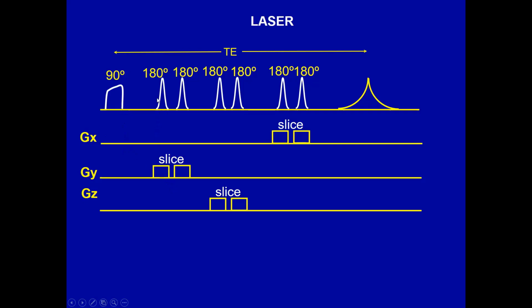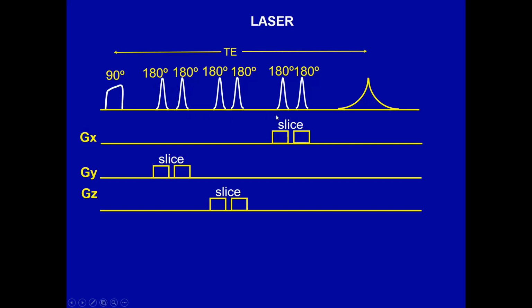The 180-degree pulses are in pairs, and that's because the tips can generate phase distortions with the 180-degree pulses, and when you put them in pairs, one pulse compensates the other in each pair.